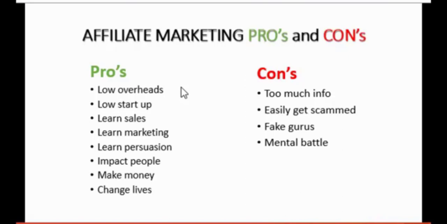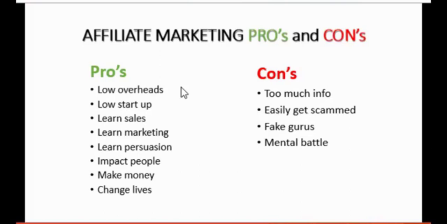Through affiliate marketing, you already have a product that's proven to sell and proven to provide your target audience with results, and you can learn the process of sales, marketing, and persuasion. Further down the track, as you grow and evolve, you can use those skills to sell your own product or service, or even your own coaching in that field. You also get to impact people.